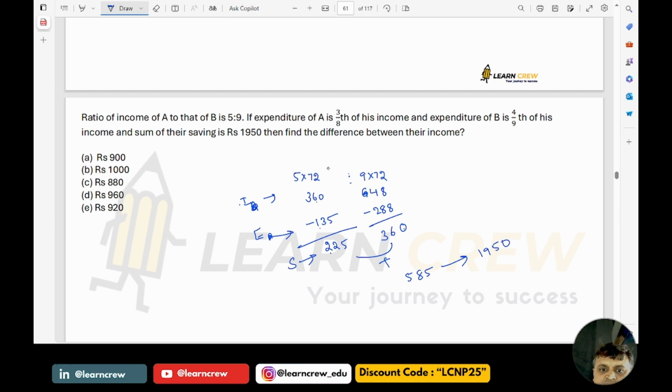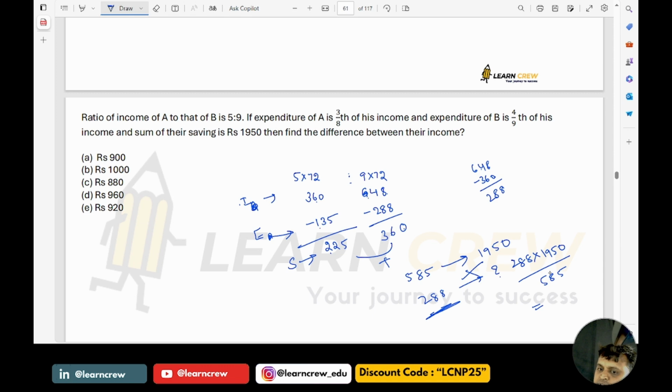Then the difference of their income is 648 minus 360, which is 288. So you simplify 288 into 1950 divided by 585. Simplify and tell me.